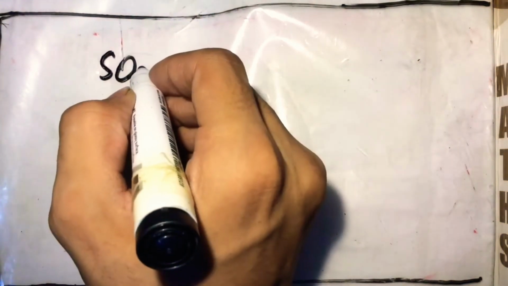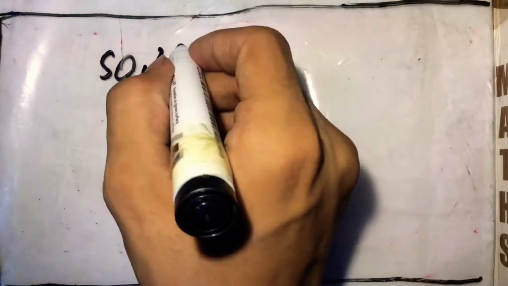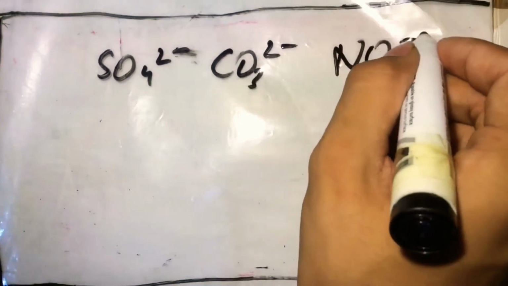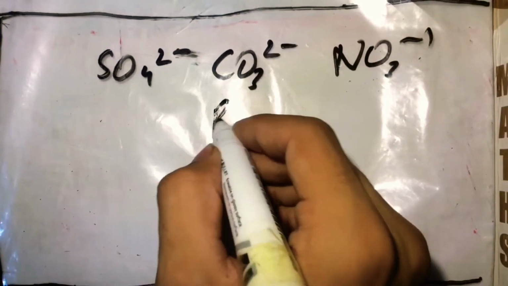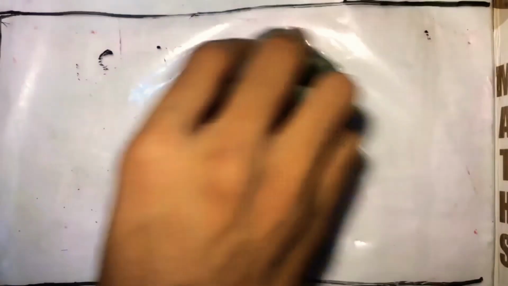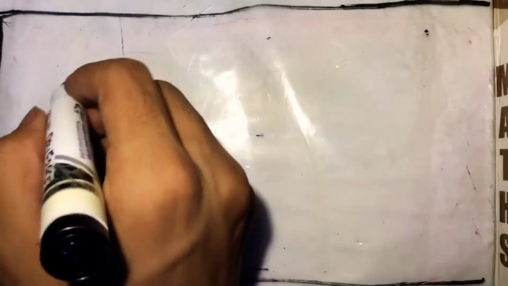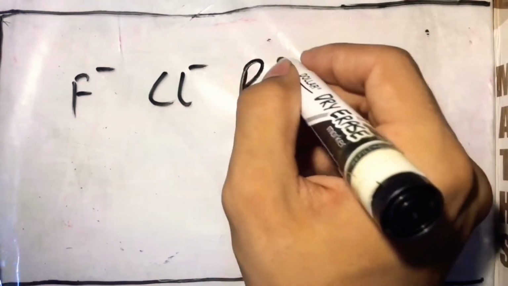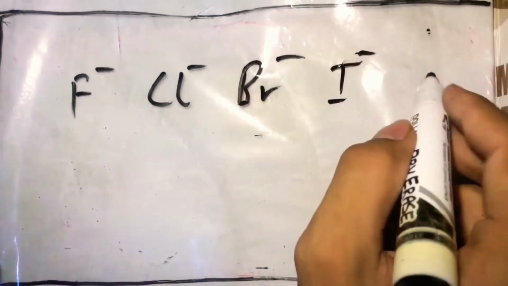In non-metals, sulfate, carbonate, nitrate and phosphate do not discharge during electrolysis. Now those ions that discharge are fluoride, chloride, bromide, iodide and hydroxide ion.